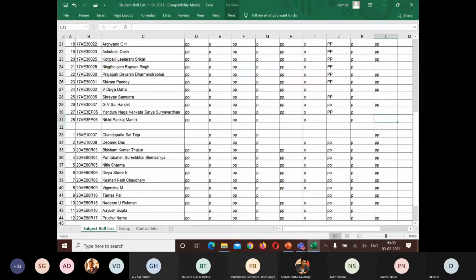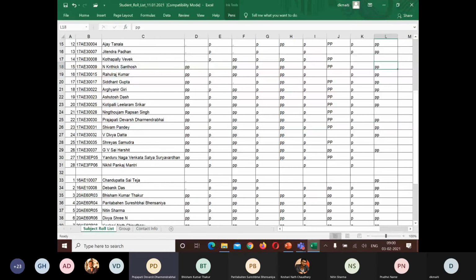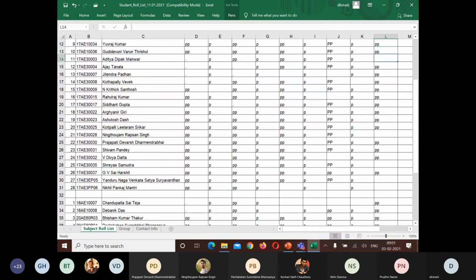Nikhil Pankaj Mantri, Venkata Satta Sriyavardhan, Shreyas Samudra, Prajapati Devars, present, sir. Prajapati Devars is there. Oh, sorry, I think Rafsan Singh is not there. Kothapalli Vivek. Vivek is here, sir. Sir, can you hear me?